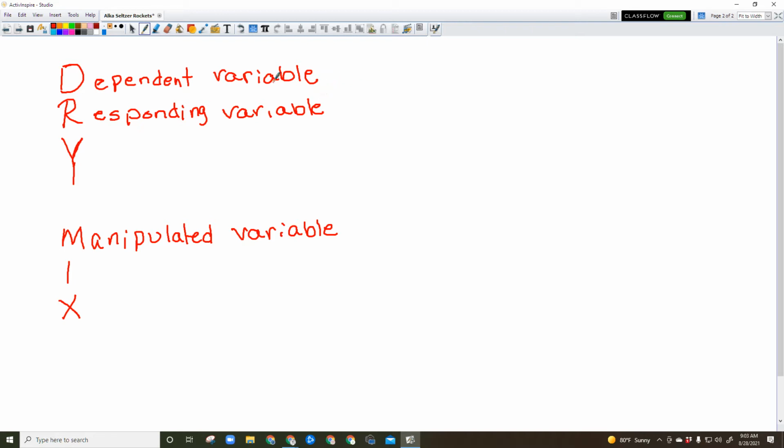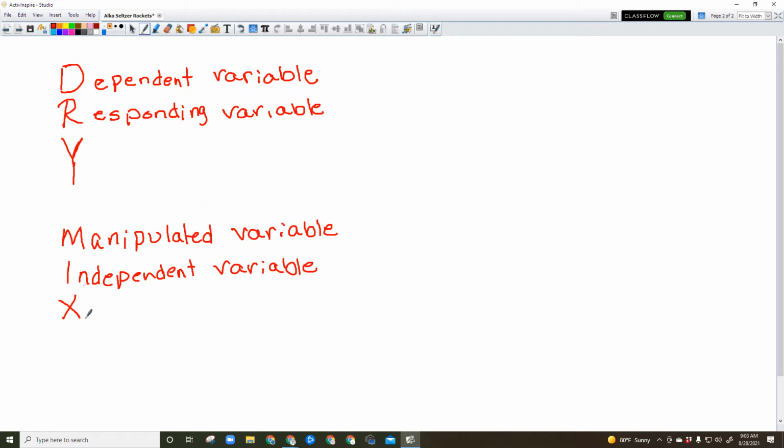So the dependent variable is dependent on the change that's made in the experiment. The manipulated variable is also called the independent variable. This is the one that you're controlling and changing, and the other is responding to that change.